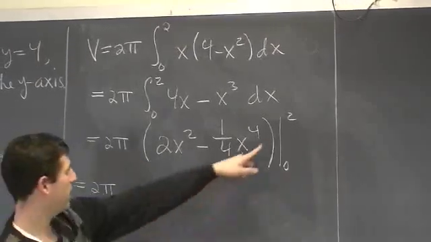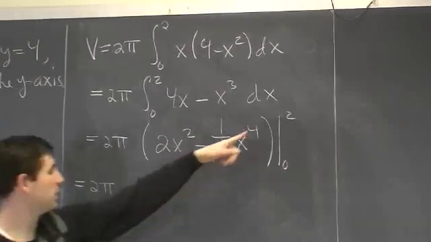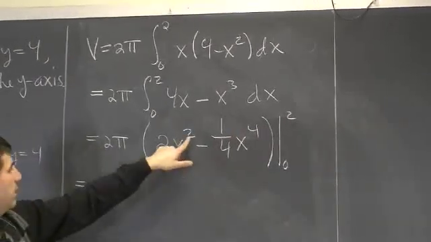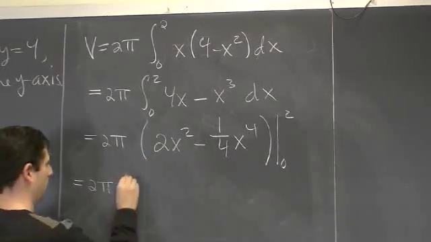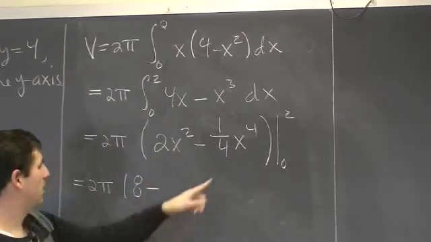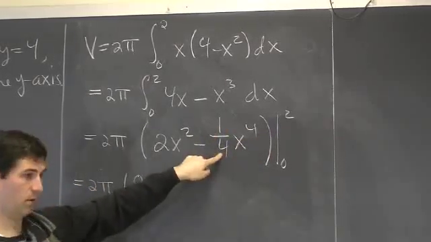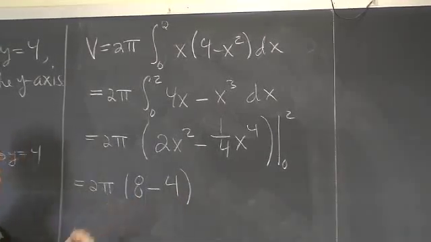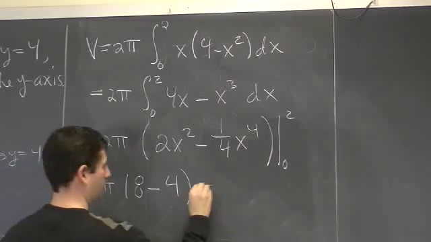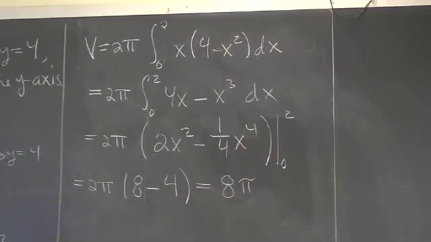When we plug in 0, these all go away. When we plug in 2, you get 2 squared is 4, times 2 is 8, minus 2 to the 4 is 16, divided by 4 is 4. So 8 minus 4 is 4, times 2 pi is 8 pi.